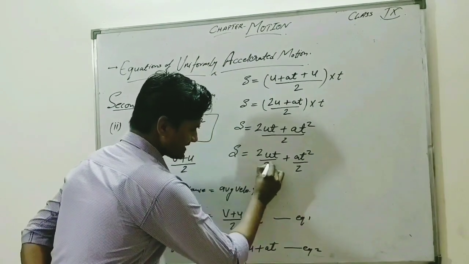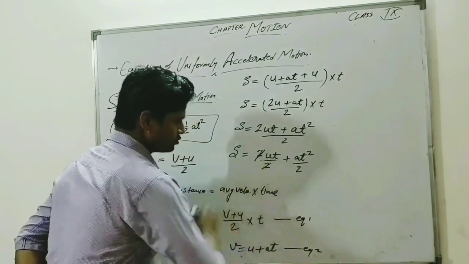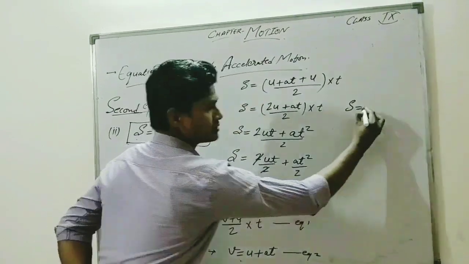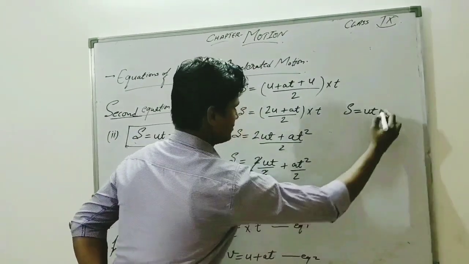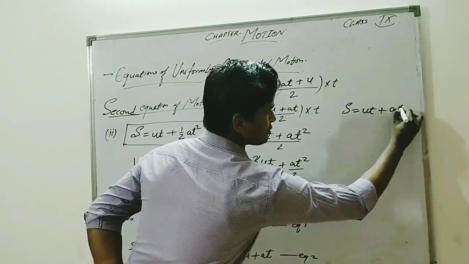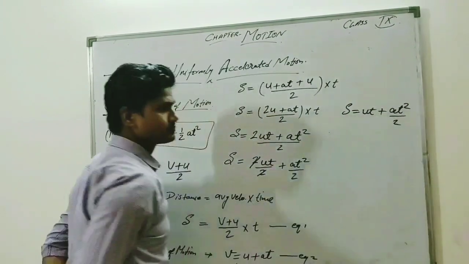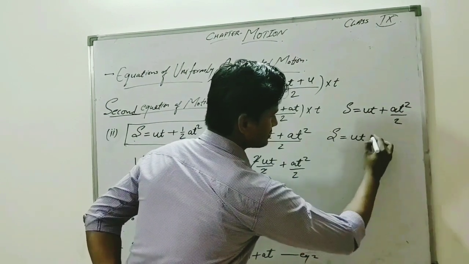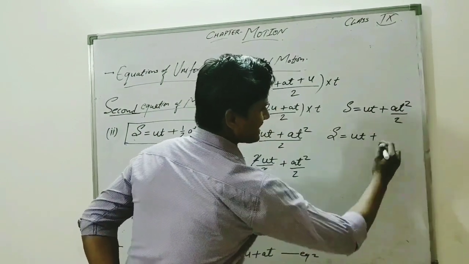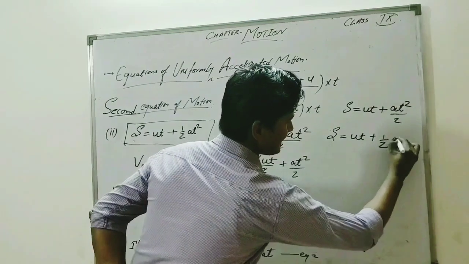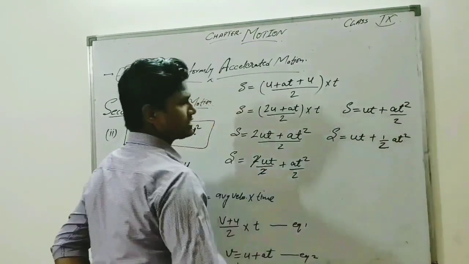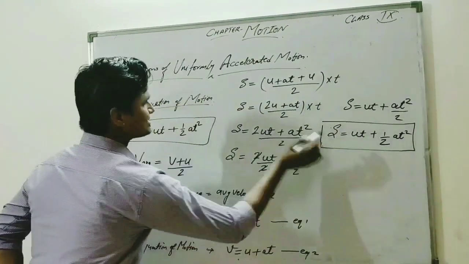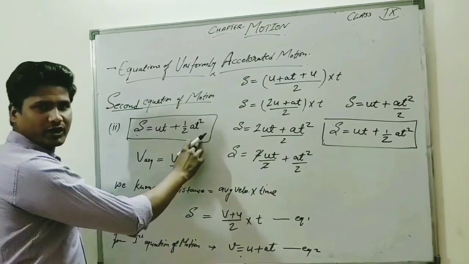Then, if I cancel 2 by 2, we get S is equal to UT plus AT square upon 2. This can be written as half AT square, and you can see we finally got our second equation of motion, that is S is equal to UT plus half AT square.